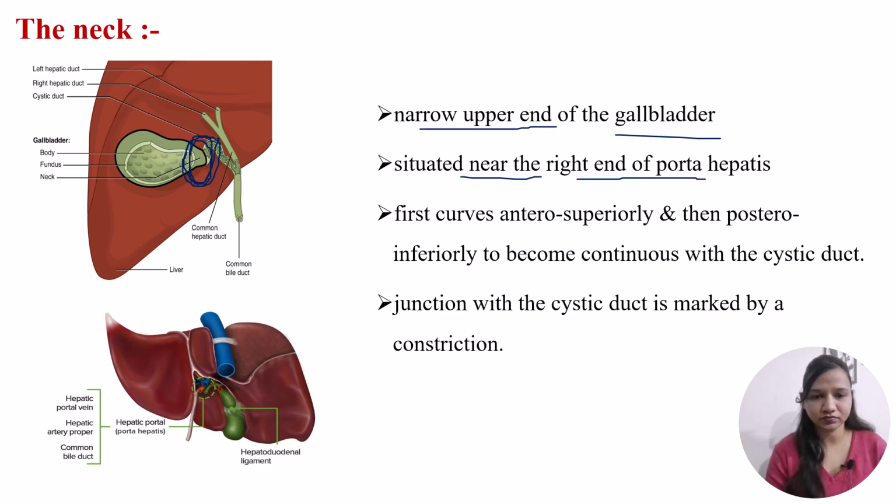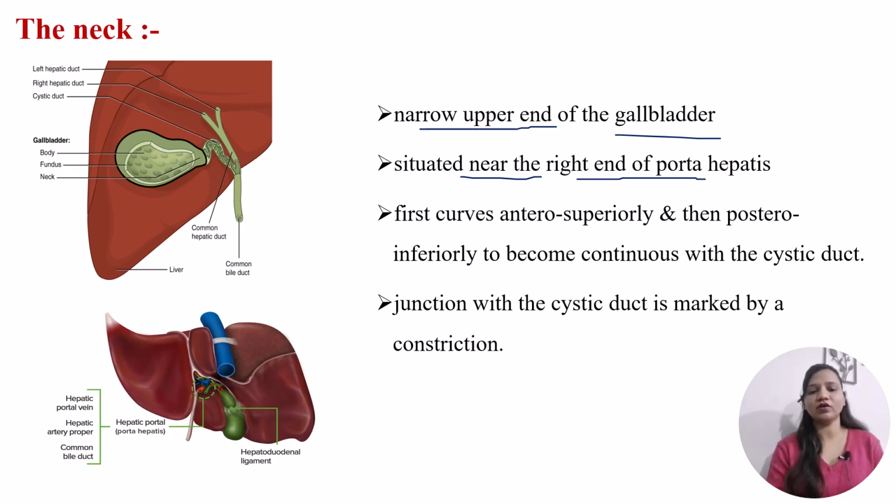So this is the porta hepatis, as you can appreciate here in this picture. This is the porta hepatis and towards its right end presents the neck of the gallbladder.